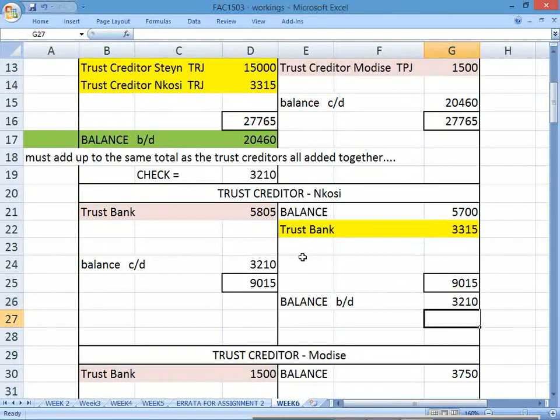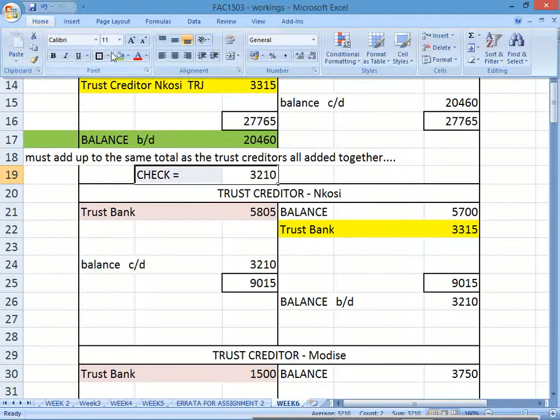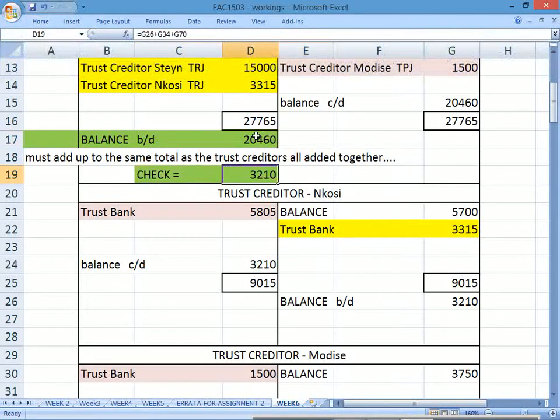Right, so there's the one balance. So there's the check. The check is tallying up what we're supposed to have. We're hoping that those two amounts add up. So there's the first client. Nkosi still has money with the law practice. Just interpret the theory. This client has 3,210 still owed to the client that's sitting with the business.